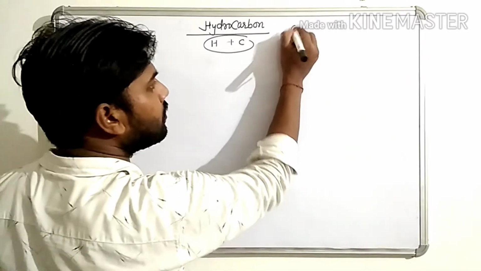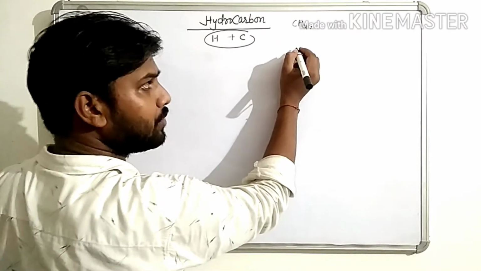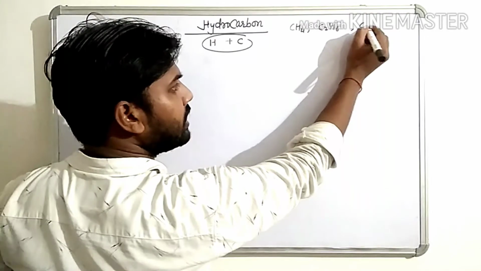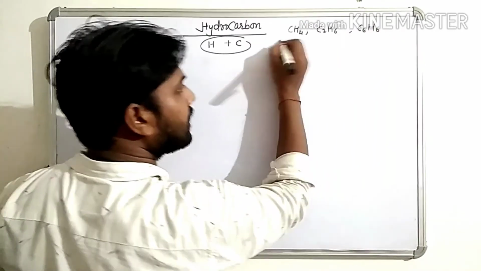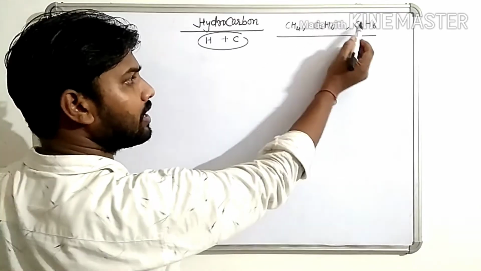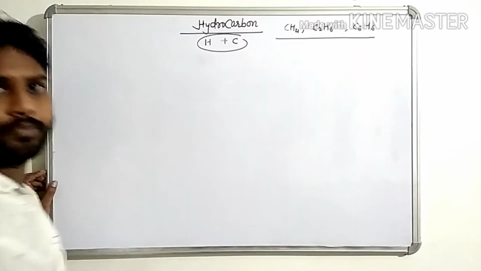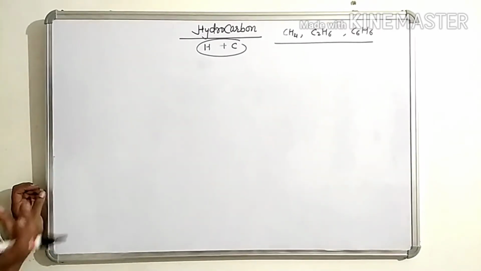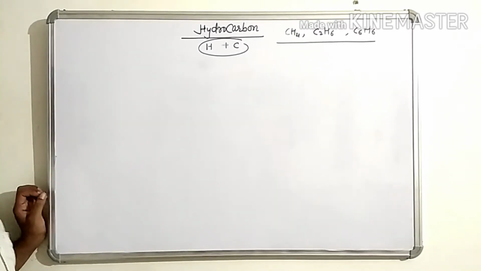For example, CH4, C2H6, benzene C6H6. Clear children? Now we will see the classification of hydrocarbon.